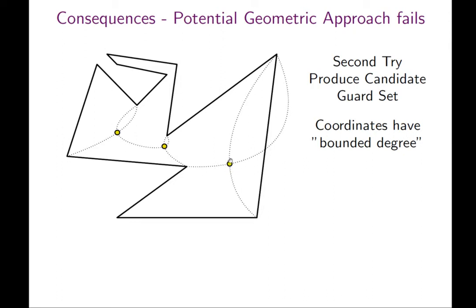these potential guards have also bounded degree. But we can get any algebraic numbers, and you will not get any algebraic number as long as you have only bounded degree polynomial curves that intersect. So also this fails. So really a large set of geometric approaches that you could go to find these candidate guards, you will not find the right one if you look at curves only of bounded degree.